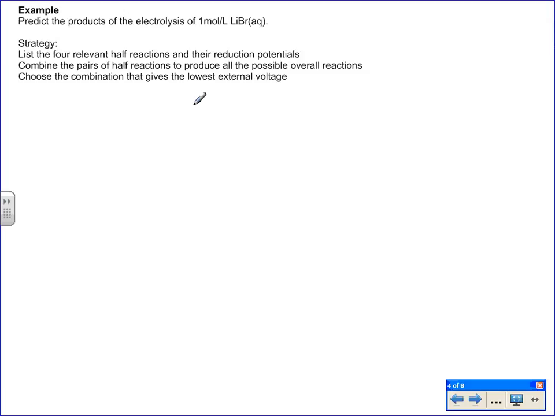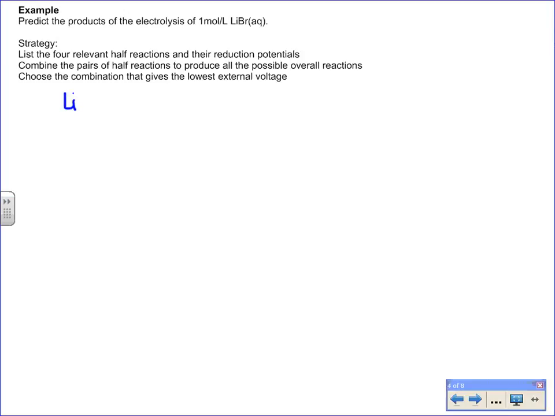We want to predict the products of the electrolysis of lithium bromide here. I've got some updated steps in your notes. What we want to do is list the relevant reactions.